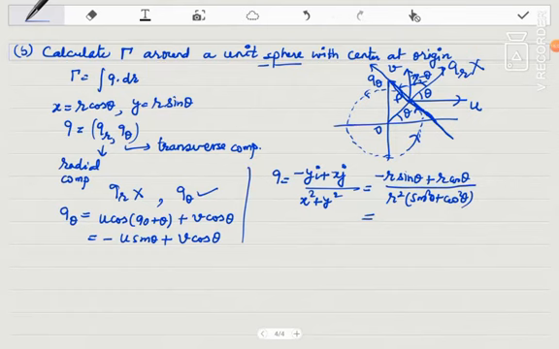So after solving it, I'll get minus sin theta i plus cos theta j upon r. So what is my u? U is minus sin theta upon r and v is cos theta upon r.